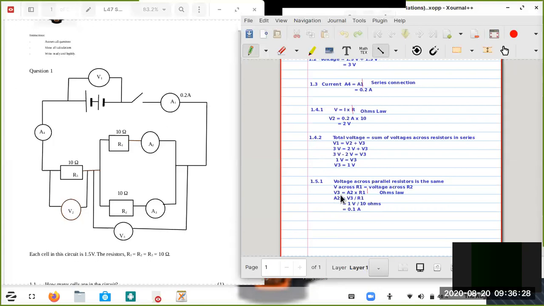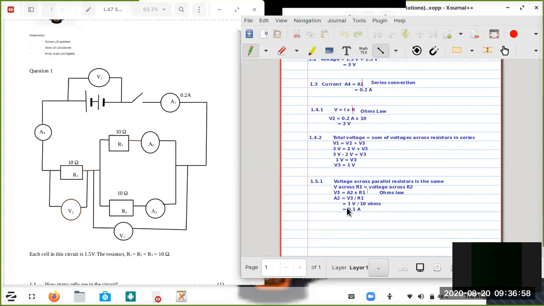So we substituted the voltage and the resistance, which is the information given. But before we substitute, I had to make ammeter number 2 the subject of the formula, which means the current flowing through resistor number 1 is equal to the voltage divided by resistance. This formula is just derived from Ohm's law.